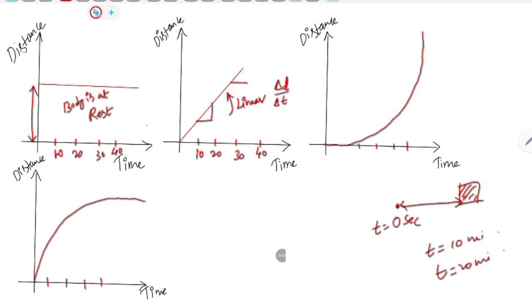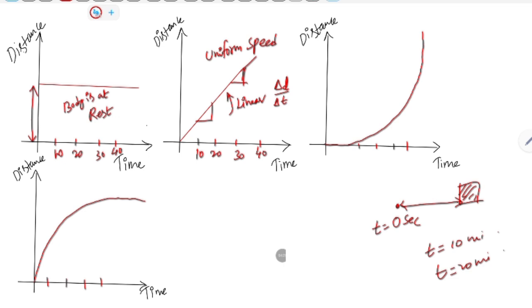So here the slope is constant everywhere when you measure. So we can say that the body is having uniform motion, or the body is moving with uniform speed. This is the information that this second graph is giving to us.